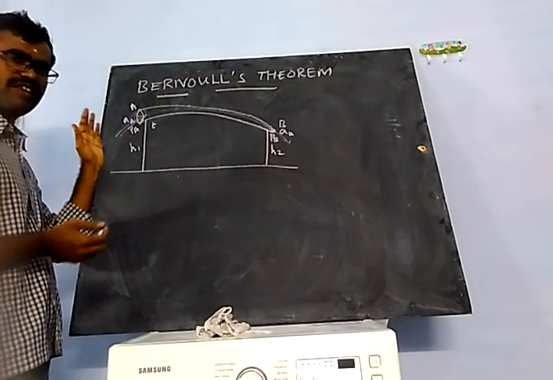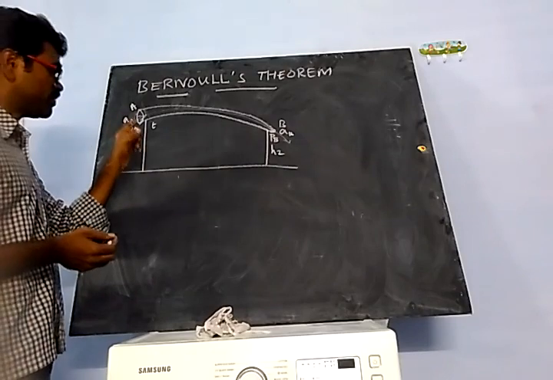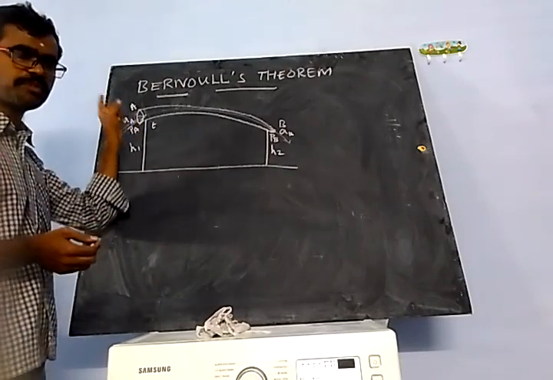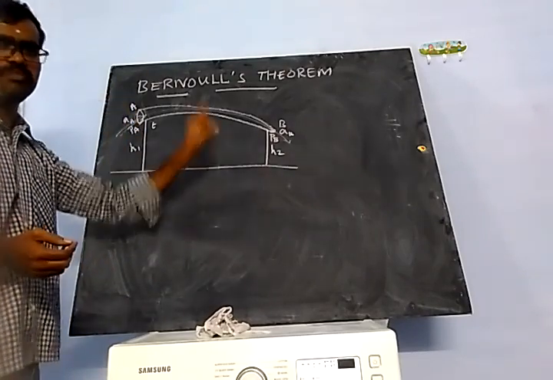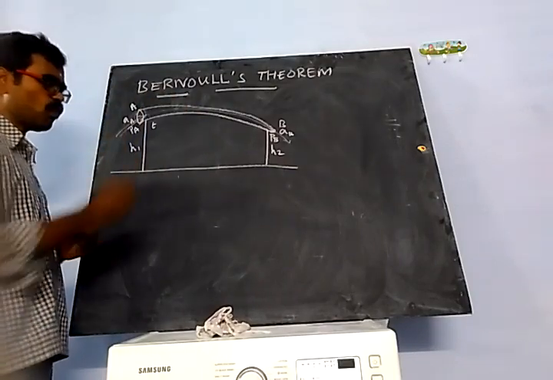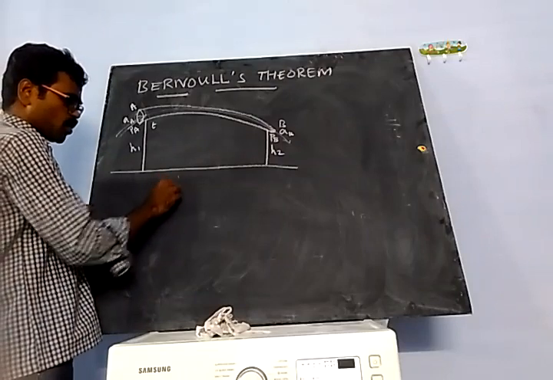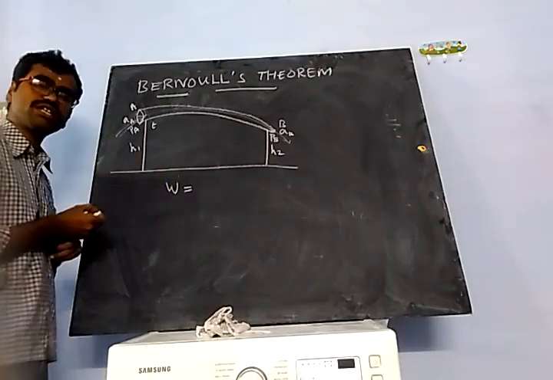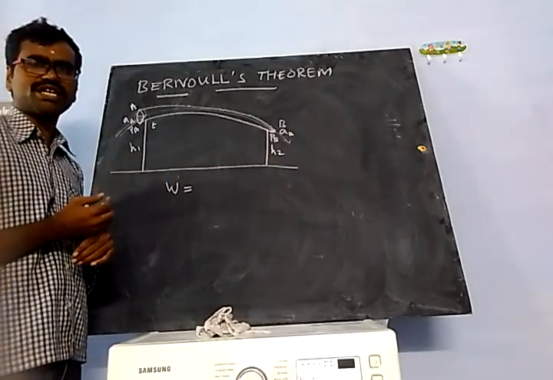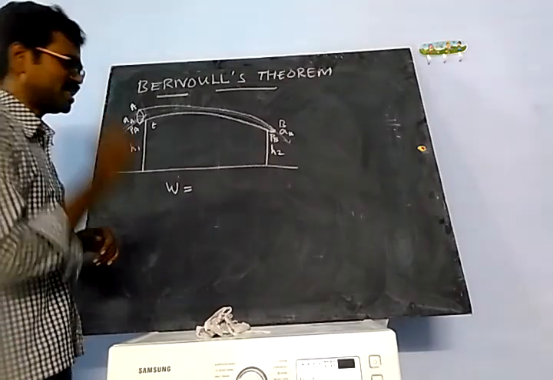So if the liquid is to flow from A to B, it needs some work done. How much is that work done? What is the formula? Work done is equal to force into distance.